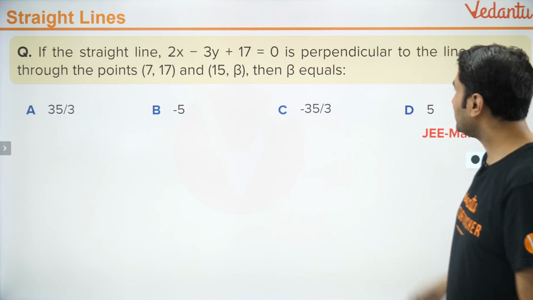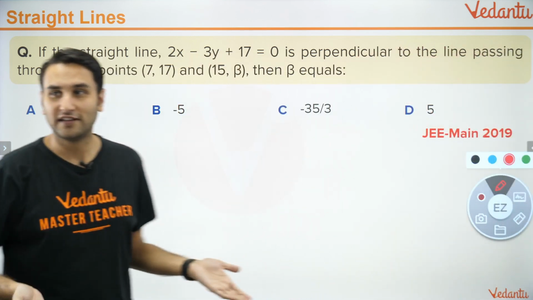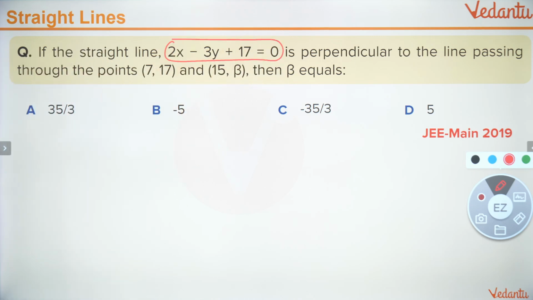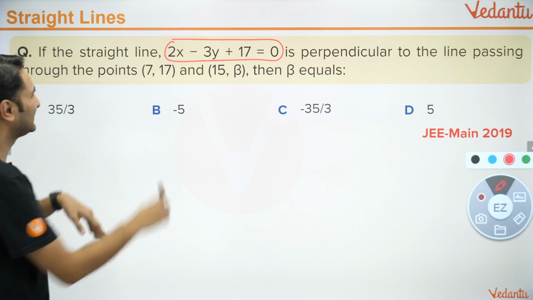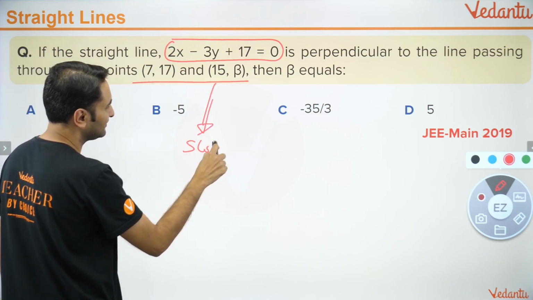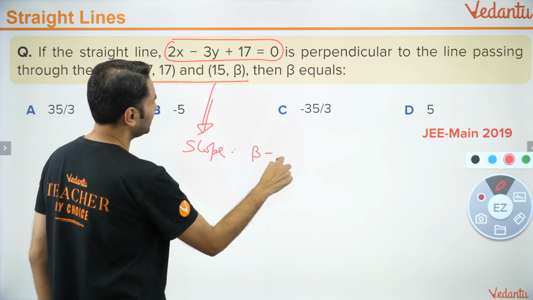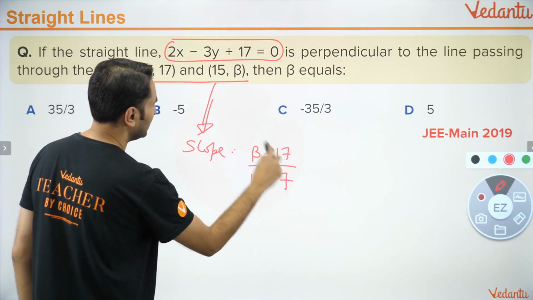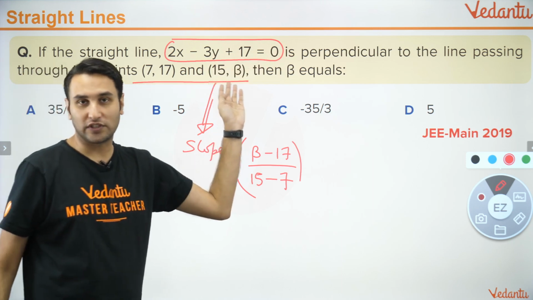The straight line is perpendicular to the line passing through these 2 points. So what will be the slope of the line passing through these 2 points? How much will it be? Beta minus 17 upon 15 minus 7. So this is the slope of the line passing through these 2 points.